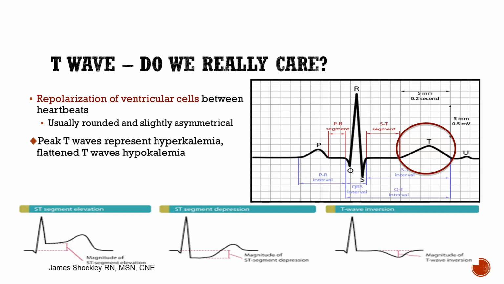So down at the bottom, I see that one is an example of ST elevation. You see how that S does not come back to baseline, so that whole ST segment is above the isometric line. That T-wave is still upright. In the second one, it says ST segment depression. You see how it goes below, but it never comes back to that isometric line. It's not elevated, so it's probably chronic.